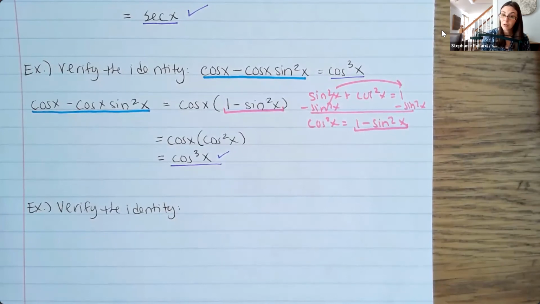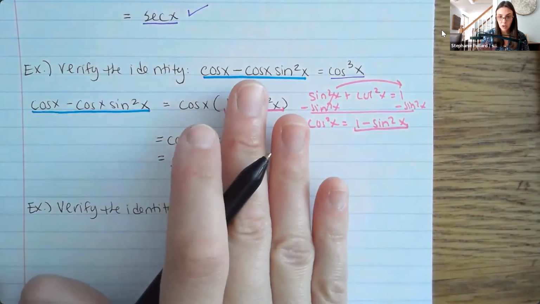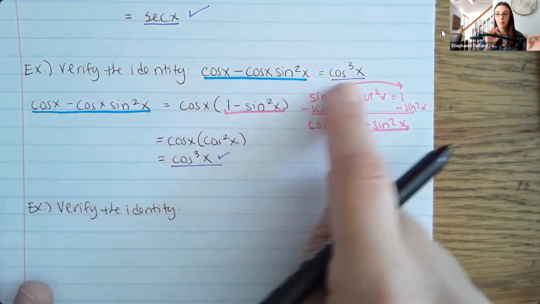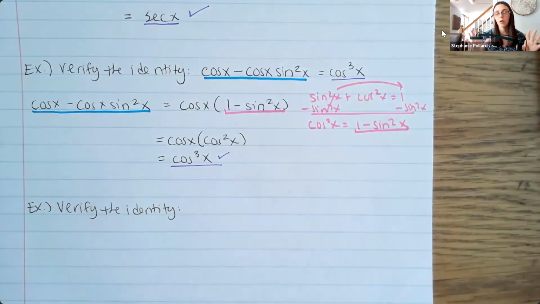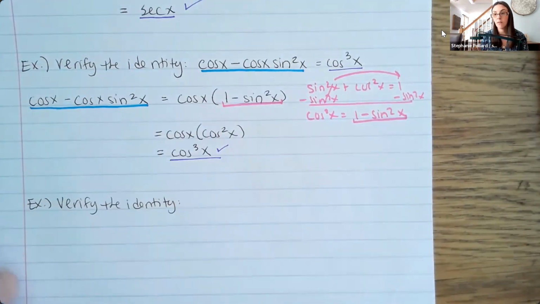If you think you have another strategy, but you're not quite sure if you did something wrong, send me a picture via email and I can take a look at it for you. The key thing is that, in general, you want to work with one side at a time. Notice that I'm not working with both sides and trying to manipulate both together. That doesn't work. You have to work with just one side at a time. So start with one side, go as far as you can. If you can get it to match the other side, then phenomenal, you're done.